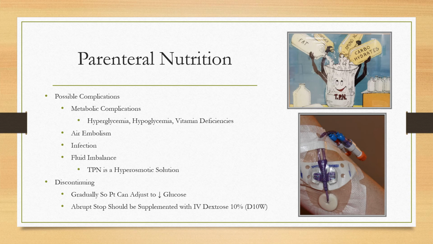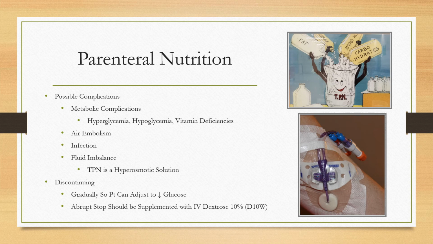How do we treat it? Well, if we think there's an air embolism from the IV line, whether it's from TPN or anything else, we can clamp the catheter, we can turn off the flow if we think there's air in it. We would position the patient on their left side and put them in Trendelenburg, so their head is going down. And what does that do?